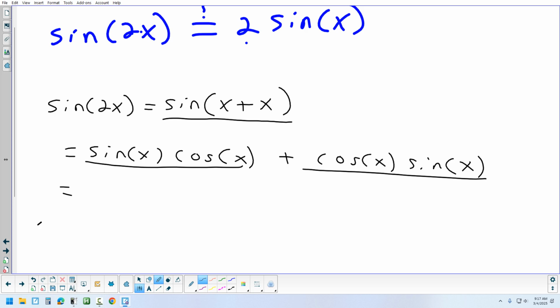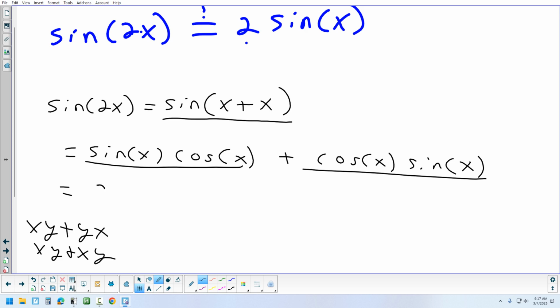So it's like xy plus yx. You get 2 sine x cos x. What would you get if you added xy plus xy? What would those two add up to? 2xy. Okay, so it'd be 2 sine x cos x.